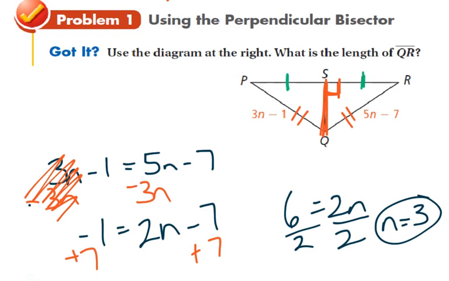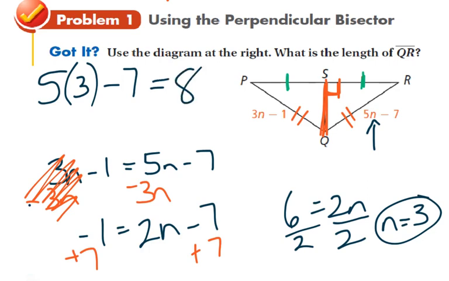They asked us for the measure of QR. So what we have to do is plug in 3 for n right here. So 5 times 3 minus 7. Well, 5 times 3 is 15, and 15 minus 7 is 8.